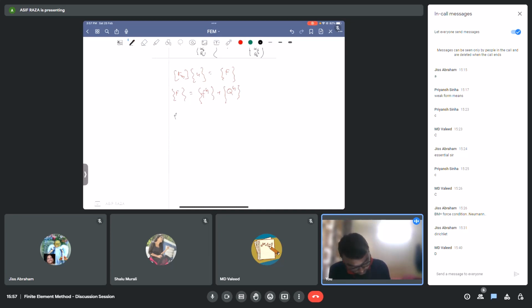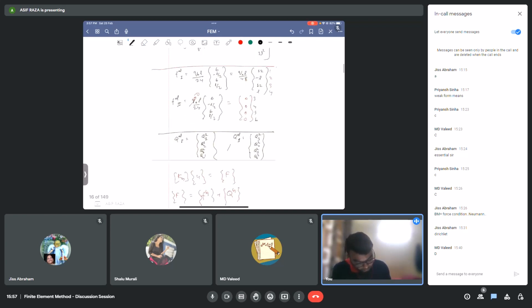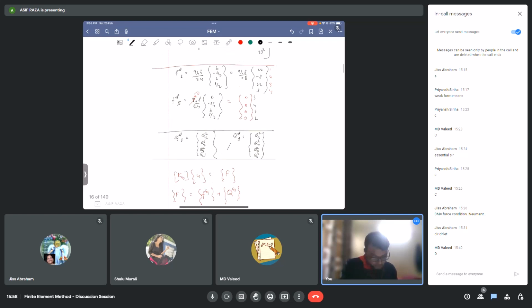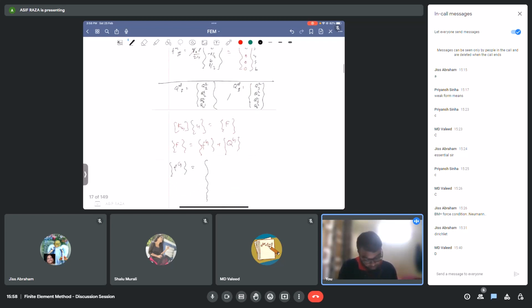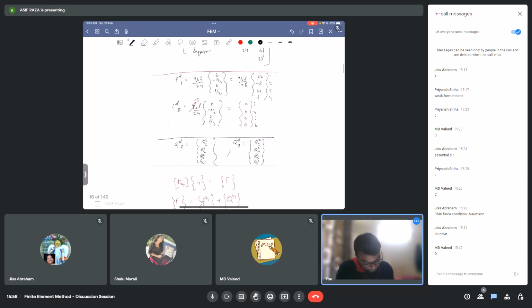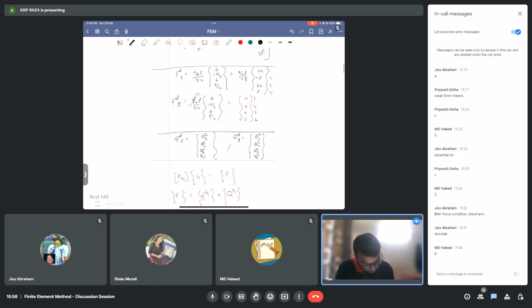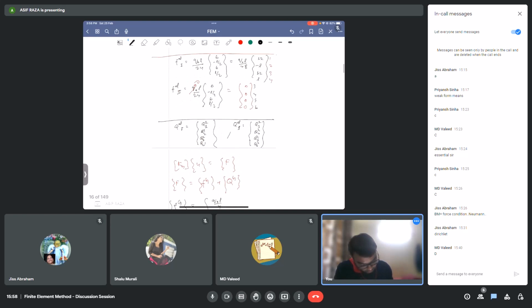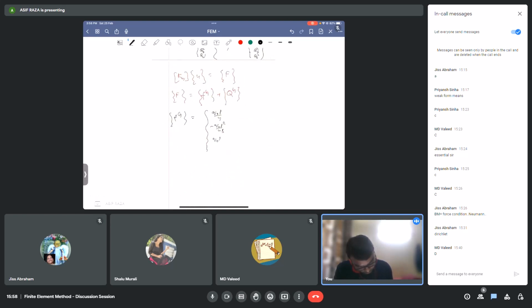So this will be, if I write Fg, so that is Q naught L by 4, minus Q naught L square by 48, then Q naught L by 4 and Q naught L square by 48.